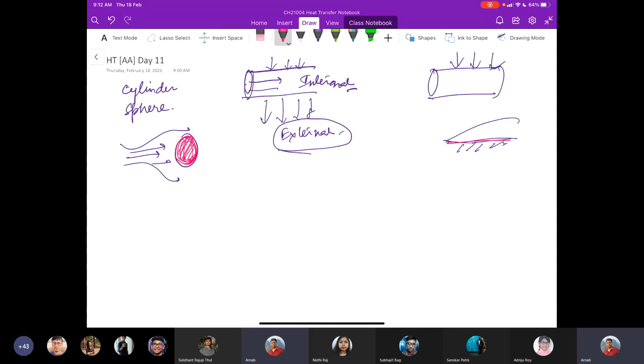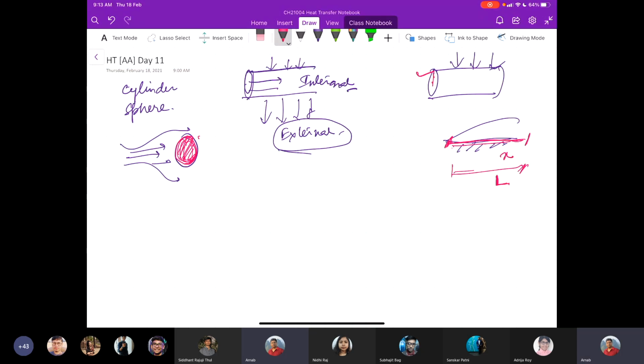In that case, for the flat plate, we took the value x from the leading edge, the distance along the flow direction, as the characteristic length scale. Or the maximum length scale could have been the length of this flat plate, which is capital L. Now, in these cases, the cylinder or the spherical object, the characteristic length is typically assumed as the diameter of the cylinder or the sphere.